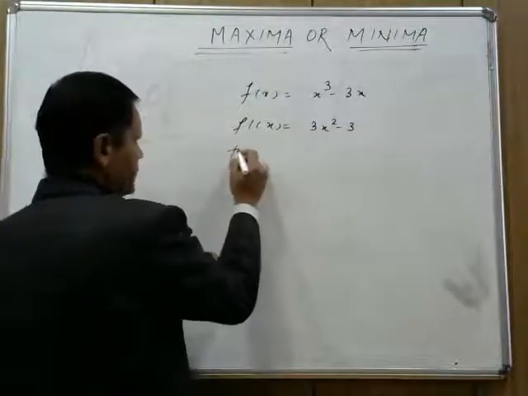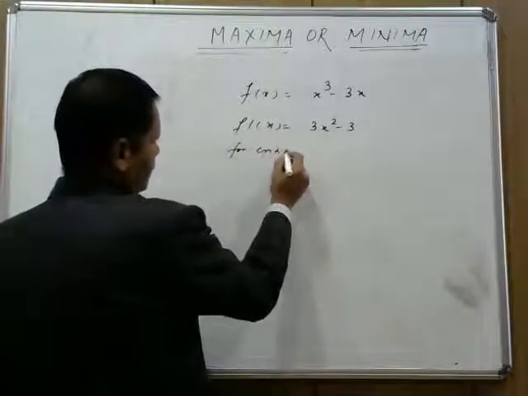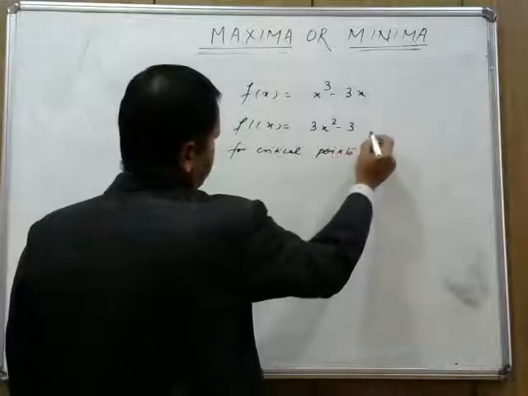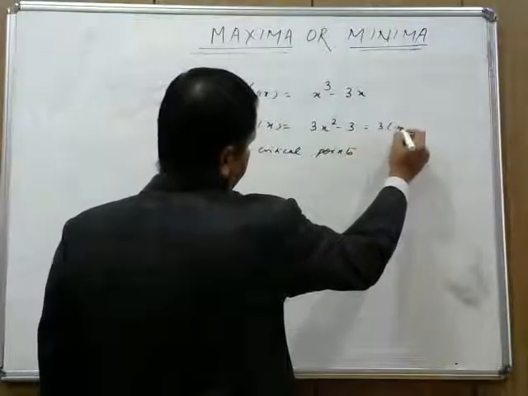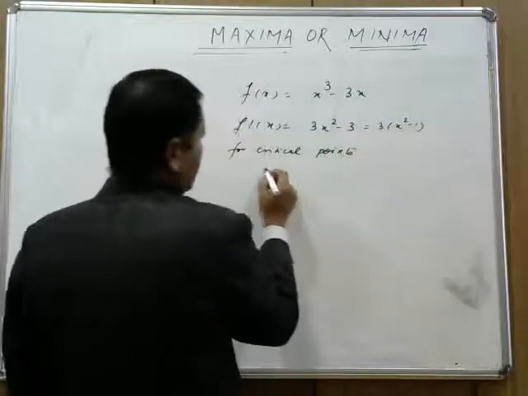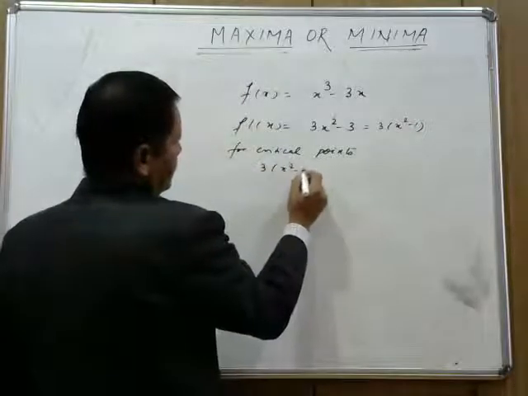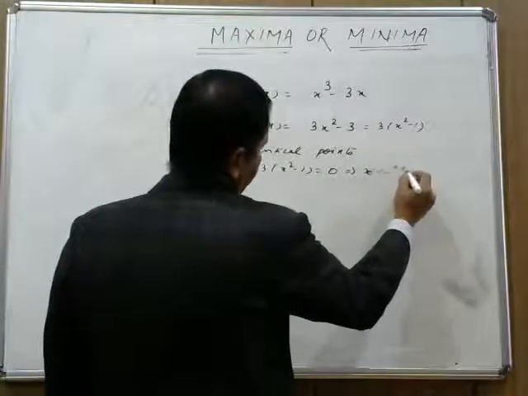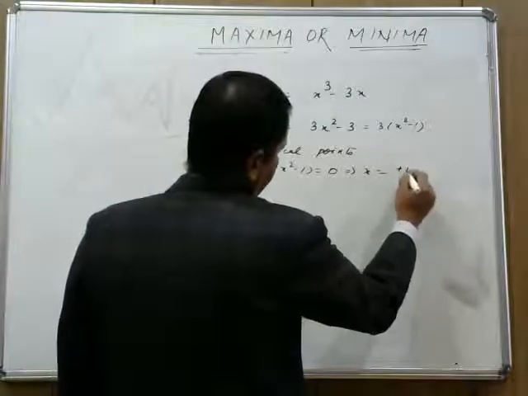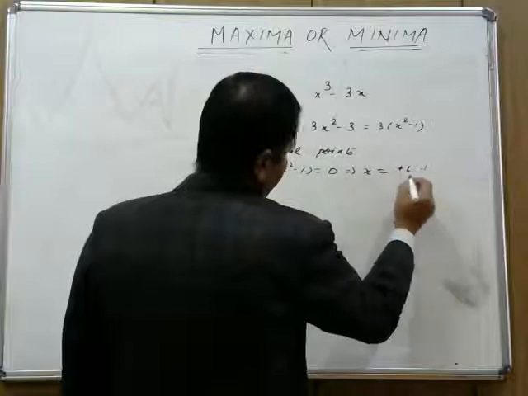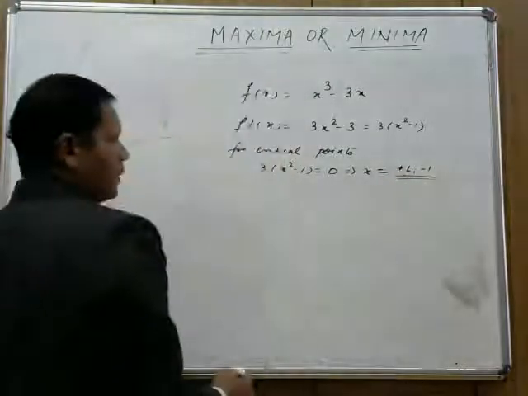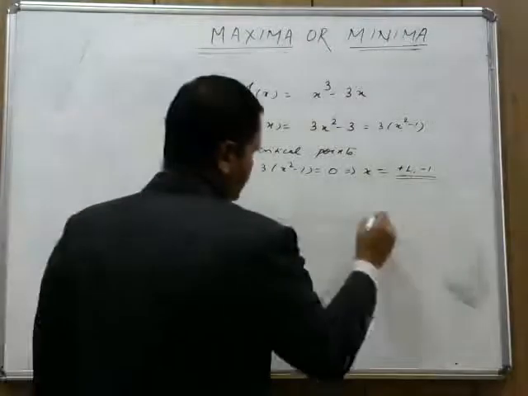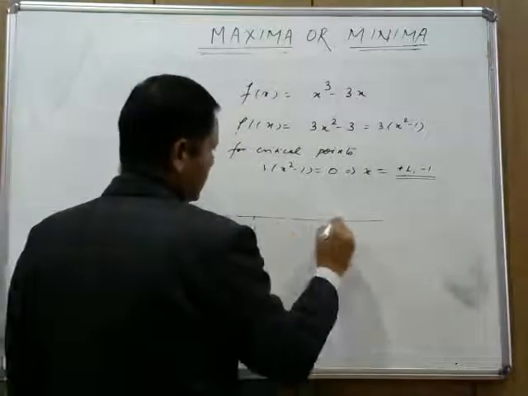For critical points, we'll write 3 into x square minus 1 equal to 0. It implies that x is equal to 1 and minus 1. That is, there are 2 critical points, minus 1 and 1, where its maximum and minimum value will be attained.